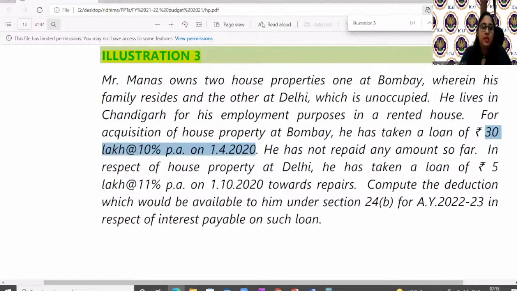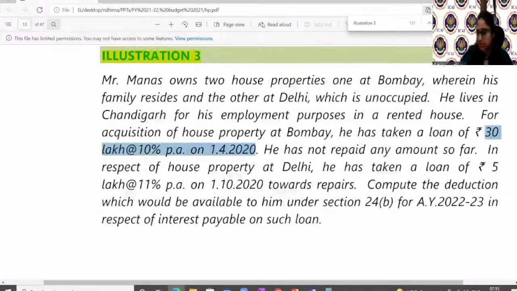In loan interest calculation, the year is everything. If you mistake the year which is given in the question, every calculation would change. Illustration 6. One second.